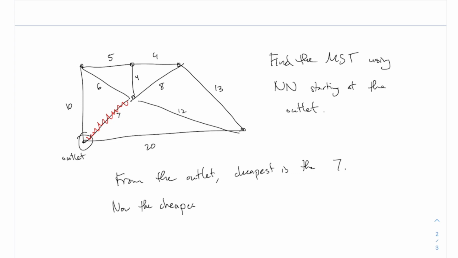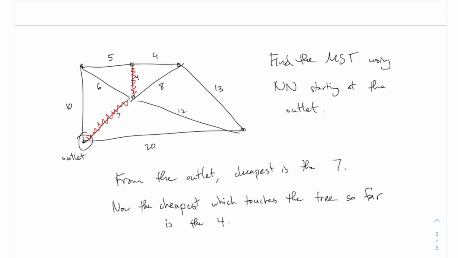And now the cheapest which touches the tree so far, which is not much at this point, is the 4. So I pick this 4, the vertical 4. All right, that's my next choice. It's the cheapest one which touches the edges which I've picked so far. And you just continue like this.